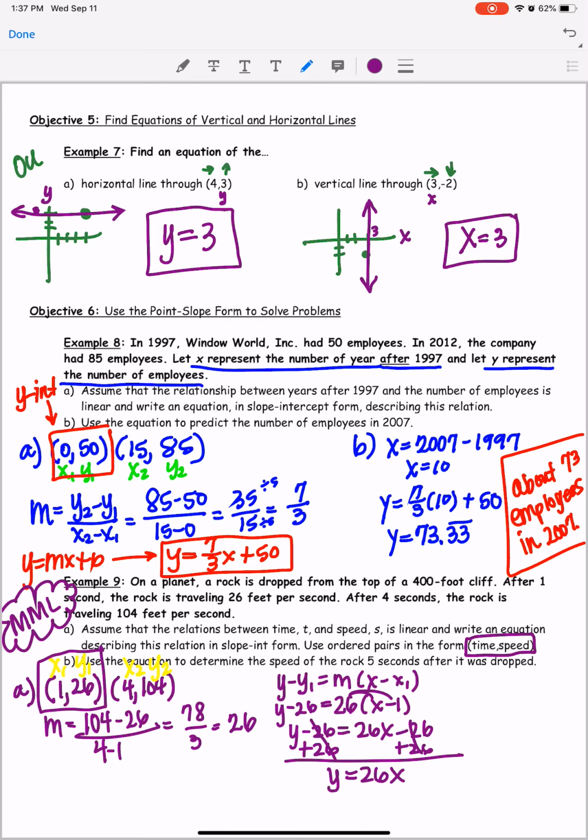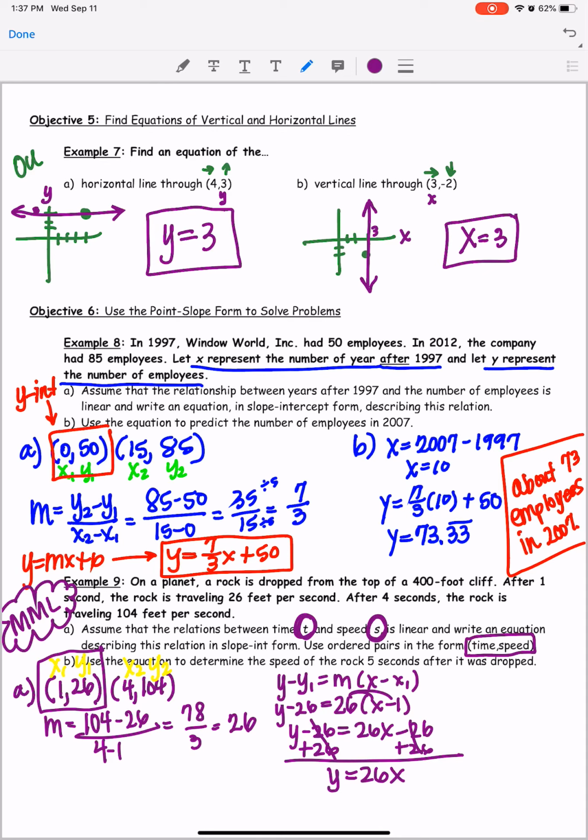Now this is where people mess up. This is the correct answer, right? And this is what you guys try to put in MyMathLab, and it always kicks it out and says, no, that's not right. The reason it says it's not right is because it's wanting you to use t and s as your variables.